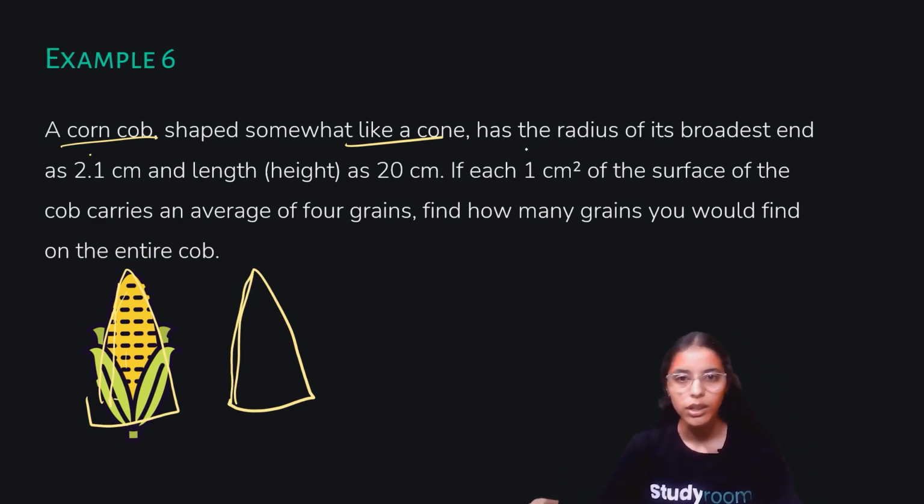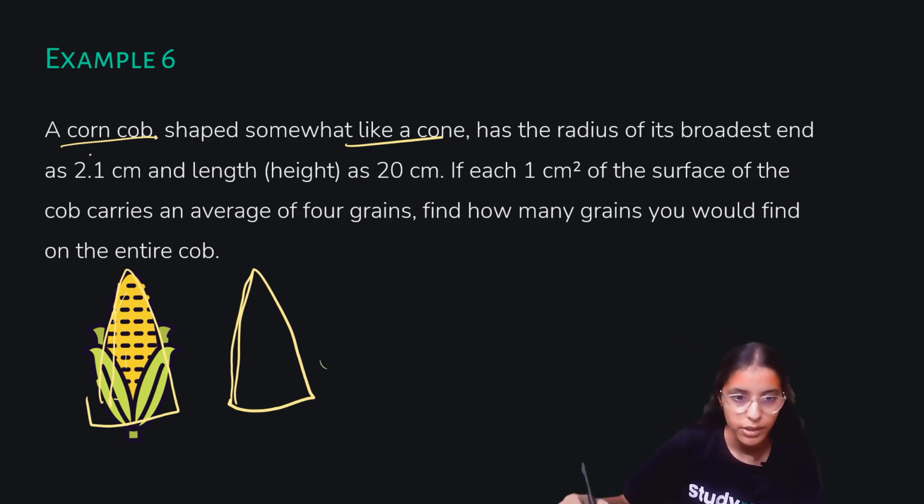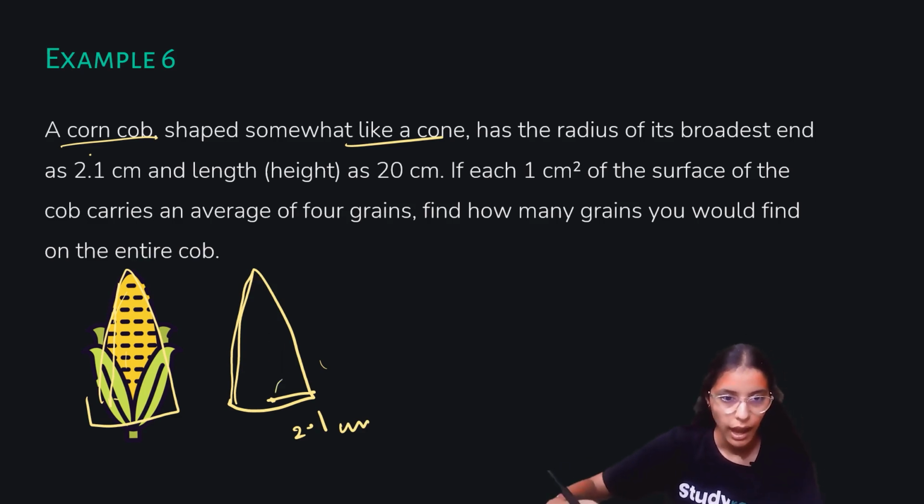So we have a cone, and the radius of its broadest part, that is our bottom, is given as 2.1 centimeter, and our height is given as 20 centimeter.